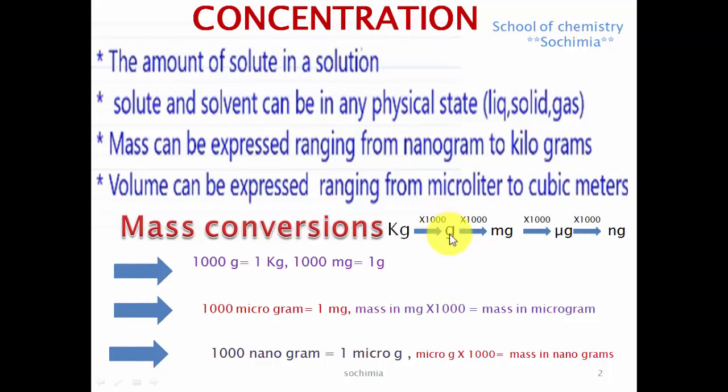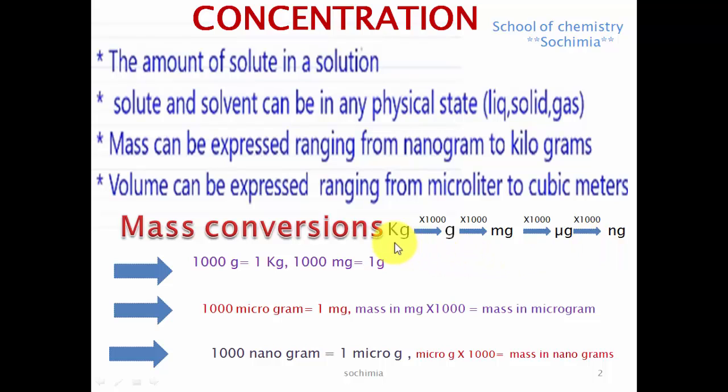And similarly, if you want to convert grams into milligrams, you need to multiply that gram value by 1000 as well, and so on. This is the descending order of mass conversions.